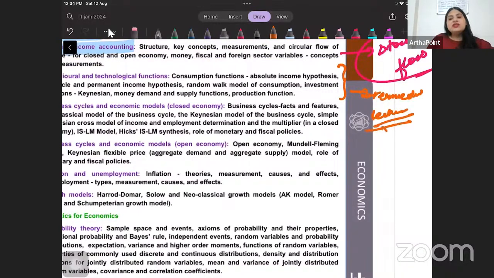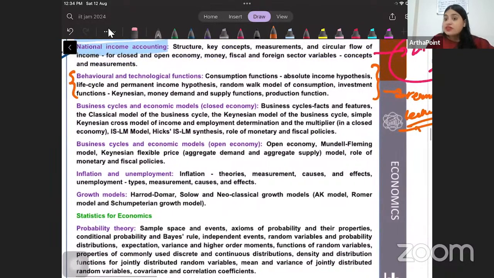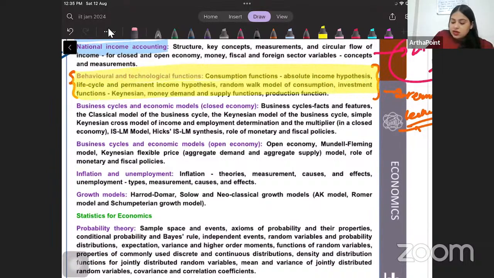So please go ahead and you can start reading it already. ये सारा consumption के जो जितने theories होती हैं, absolute income hypothesis, life cycle hypothesis, permanent income hypothesis, random walk, and types of investment function, all of this is there in your intermediate videos already. So if you want, during your weekends, you can already go through this from intermediate videos.